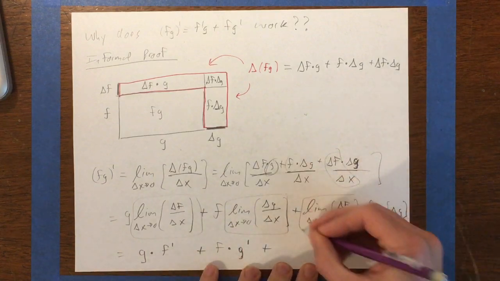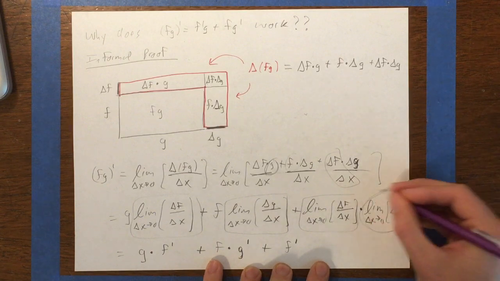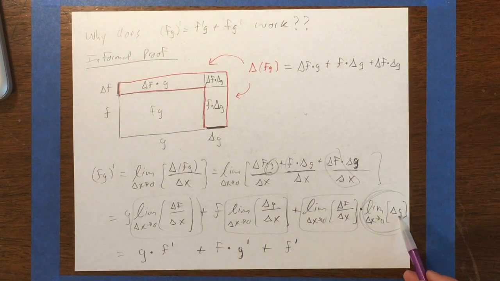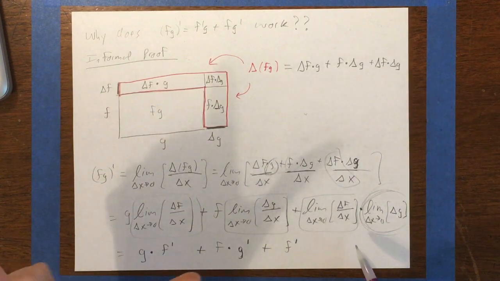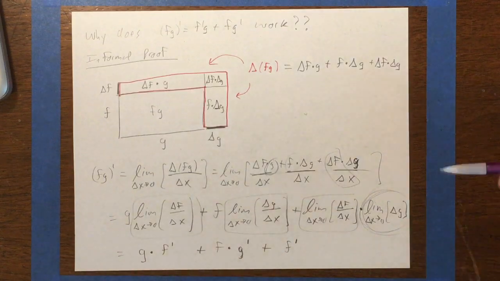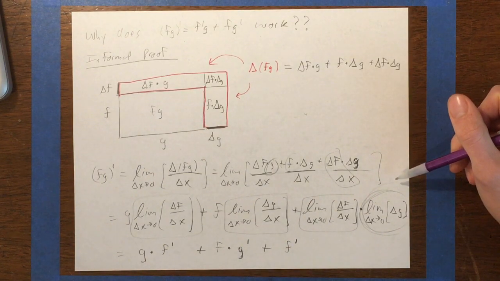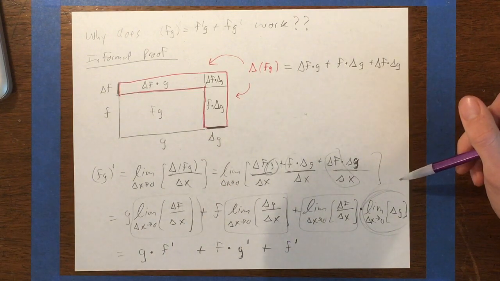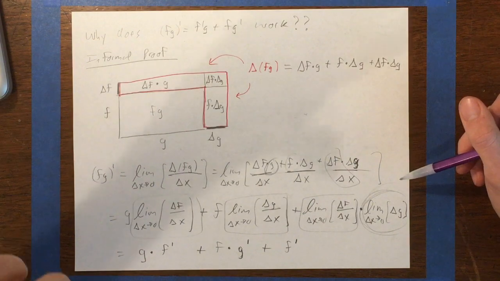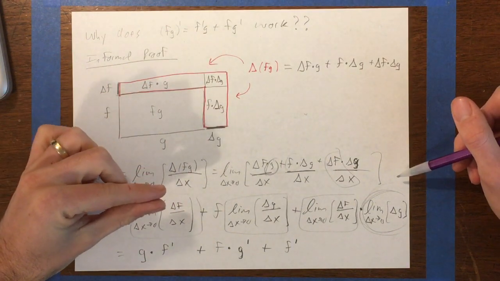And then over here, we have the derivative of f again, f prime, but this part right here, since g is a function which depends on x, if you have the change in x approaching 0, as long as your g function is a continuous, smooth function, then you can be guaranteed that a 0 change in x is going to produce a 0 change in y.